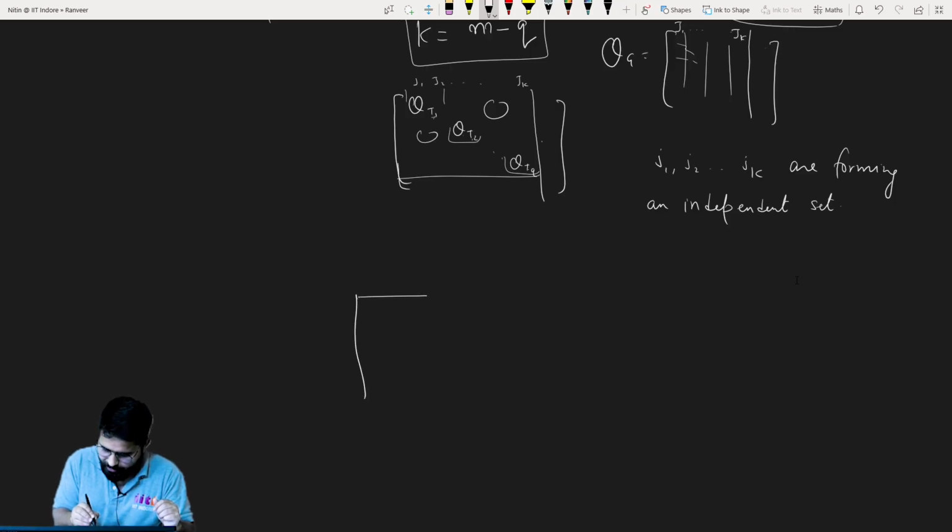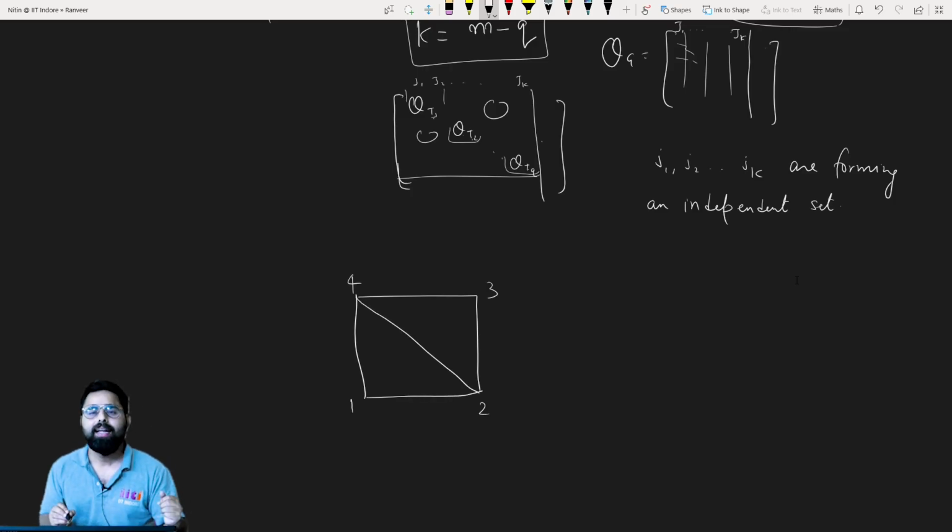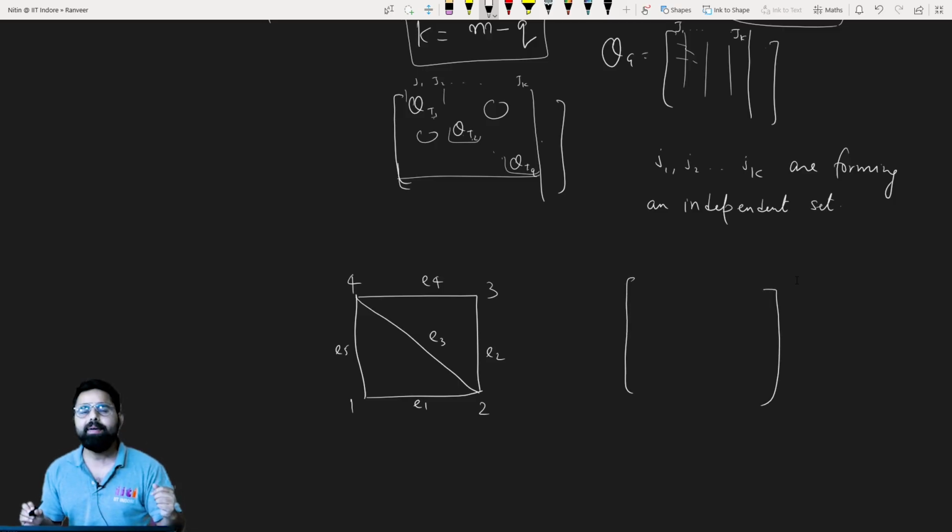So suppose this is your graph, with vertices 1 2 3 4. Now in order to define it, there is no need to give direction to the edges. You can just simply name these edges and draw this matrix. Whenever an edge is falling on some vertex, you put 1 in the corresponding vertices, otherwise 0.